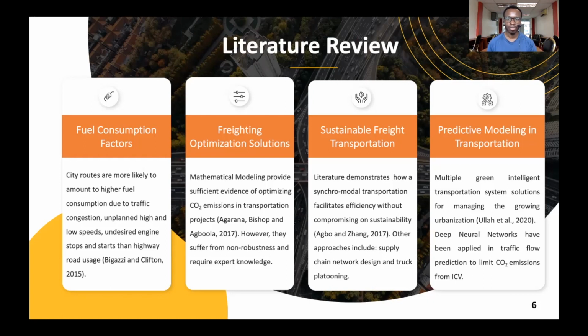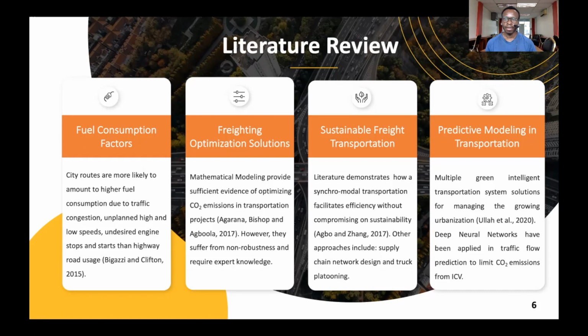Okay, we also look at sustainable freight transportation. From the literature, synchromodal transportation facilitates efficiency without compromising on sustainability. Other approaches will literally just look at supply chain network design as well as truck platooning. We'll see how AI machine learning is applied to modern solutions in truck platooning.